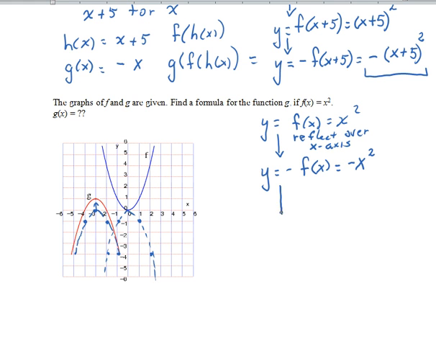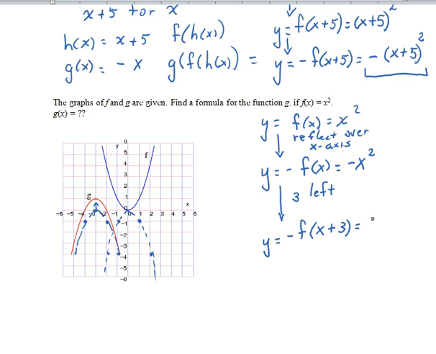We're then going to move it left 3, which means we're going to substitute x plus 3 for x.